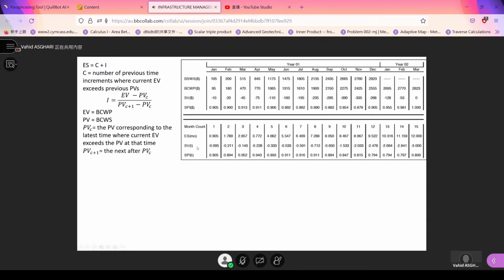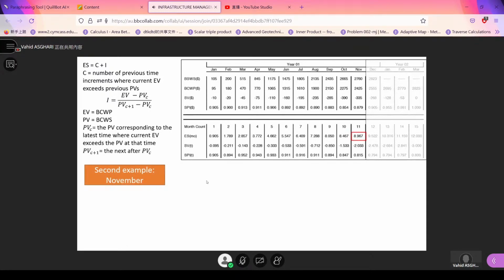As far as I remember, the others like SPI and SBT were very easy. The only one that was problematic was the ES. So I just want to review it.